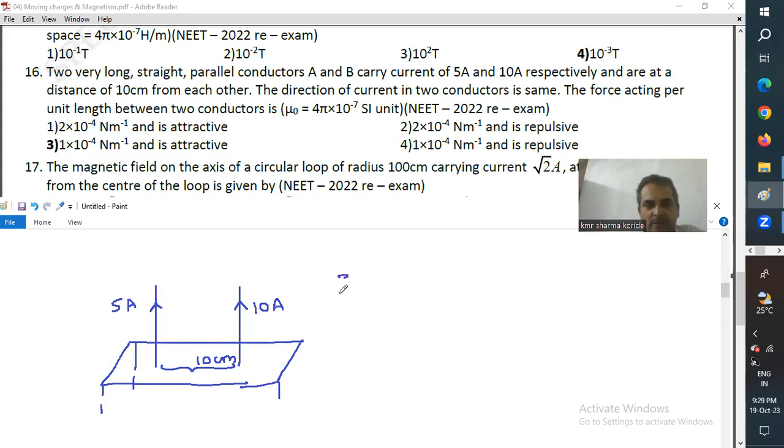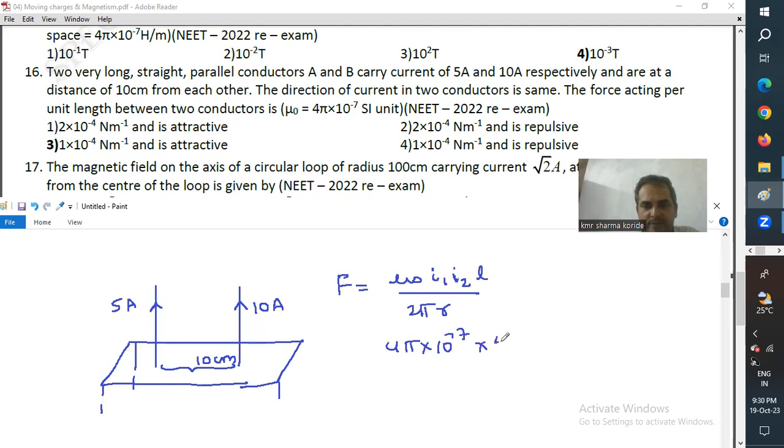So get back the formula. Force between two parallel conductors carrying current is mu naught I1 I2 L divided by 2 pi R. So here R is the distance, 10 centimeters. Now let us substitute straight away in the formula. 4 pi into 10 to the power of minus 7.